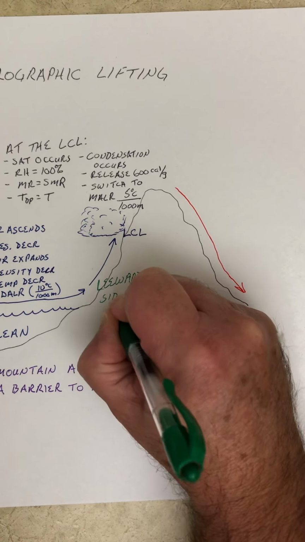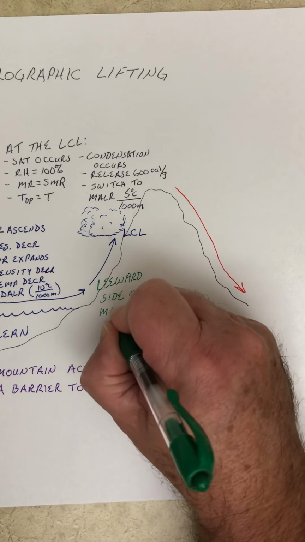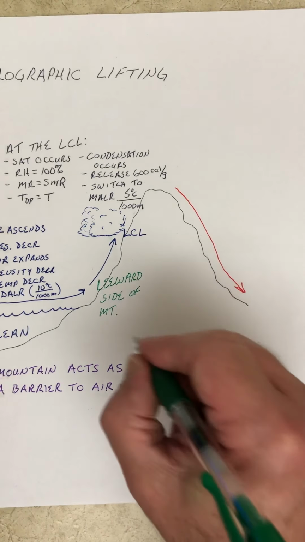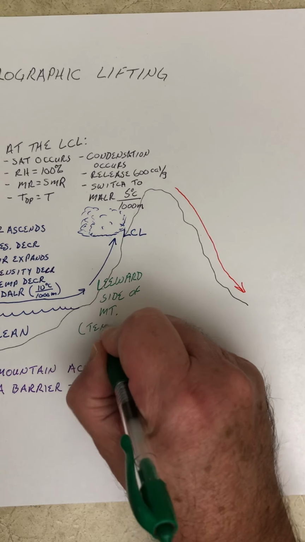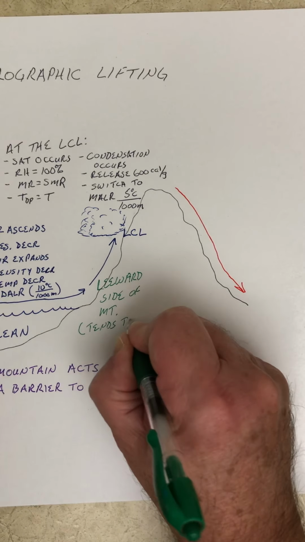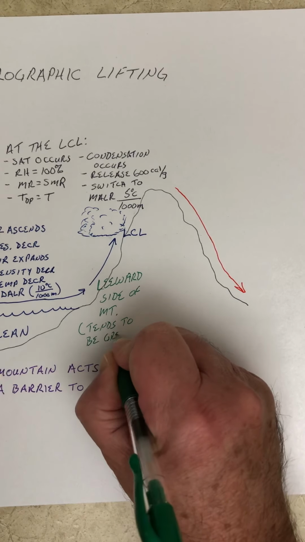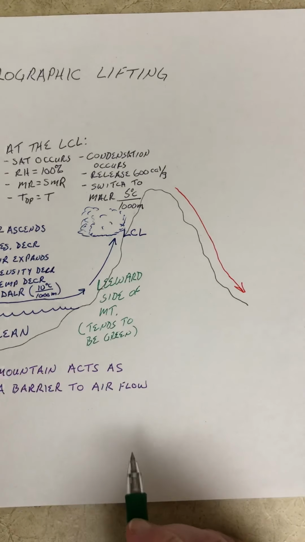Okay, so when the air goes up the leeward side of the mountain, that's where all the clouds are, that's where all the precipitation is, and this tends to be very green. Okay, with all the precipitation they get, there's lots of vegetation on the leeward side of the mountain.